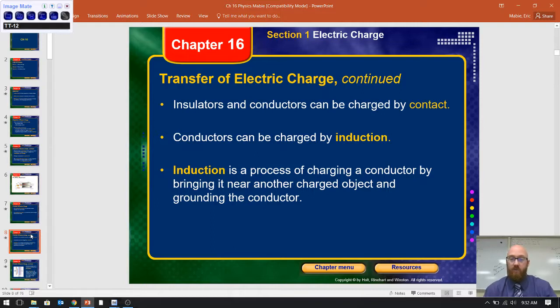Basically, how induction works is you bring a material, any type, close to another charge. Think about your hand when you're running around in the winter, you build up static electricity on you. Well, guess what? The outside of your skin is actually conducting that charge.